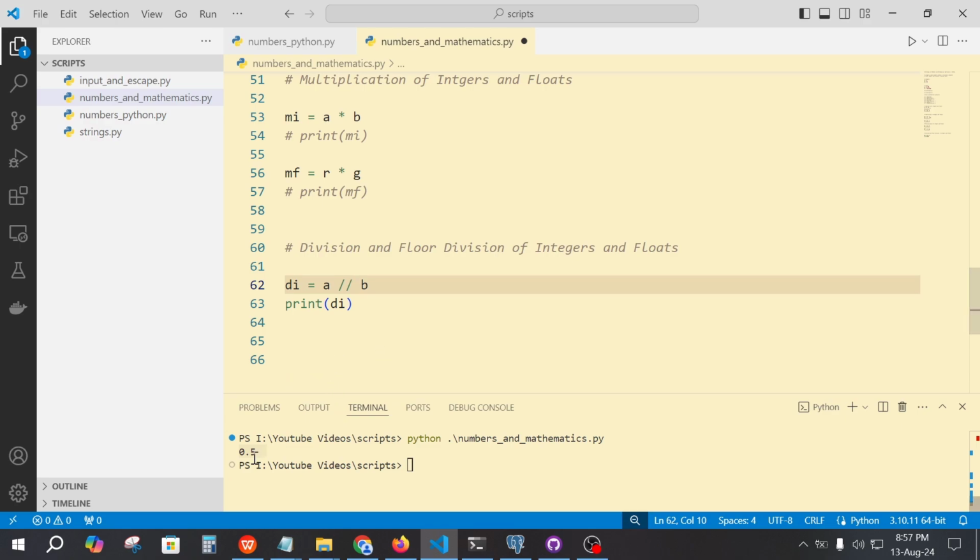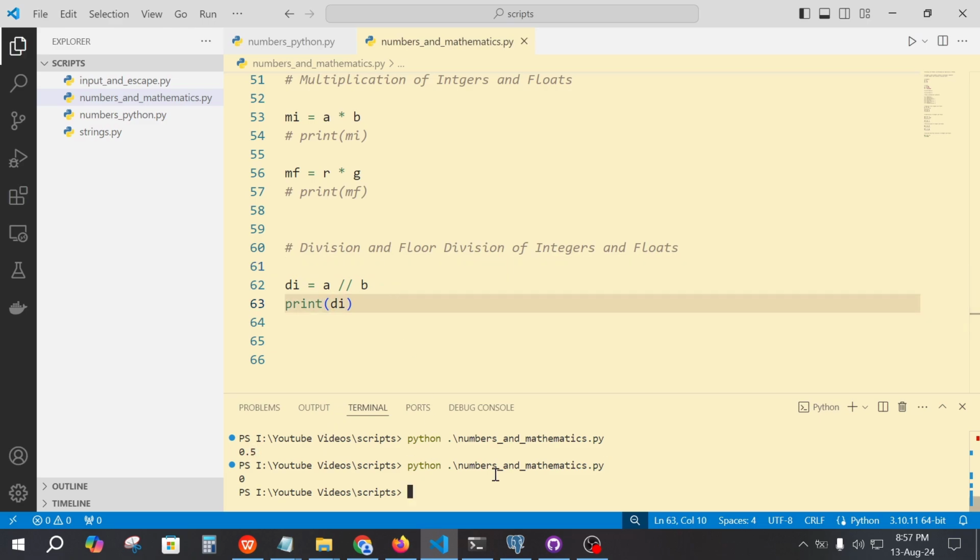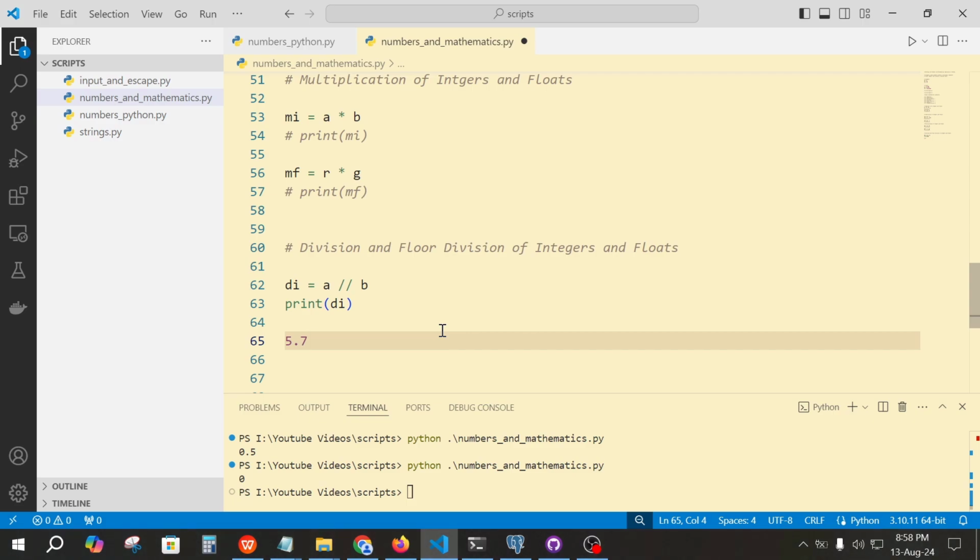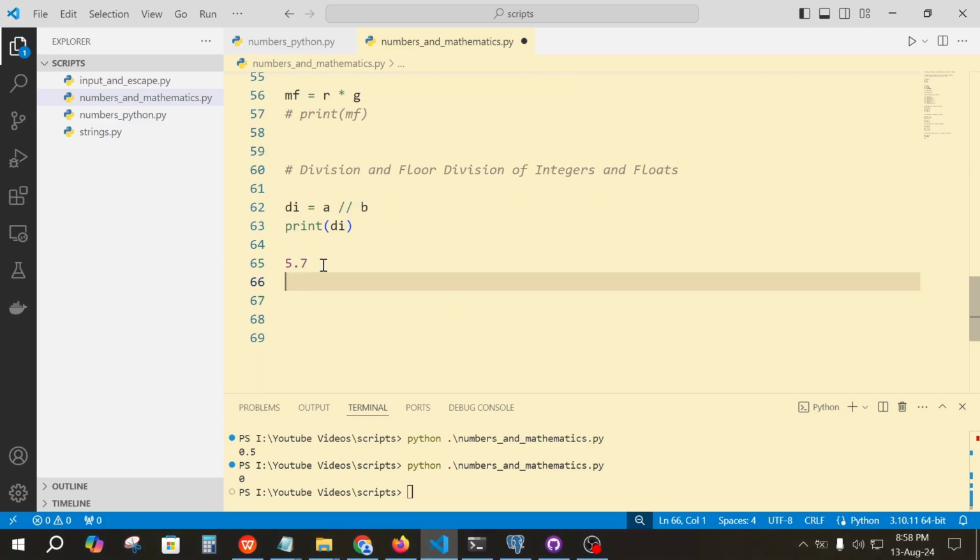Then it will remove all the decimal points and the integer part will remain. That's what floor division does. If I save it and run this one, you can see 0. Let me tell you with one more example. If I have 5.7 and I want the floor value of this float number, then it will be 5. We just have to remove all the decimal places and we will get our floor number.